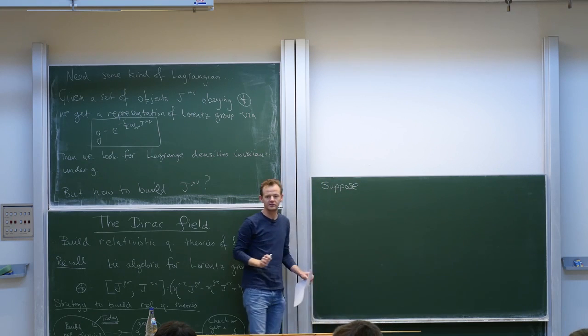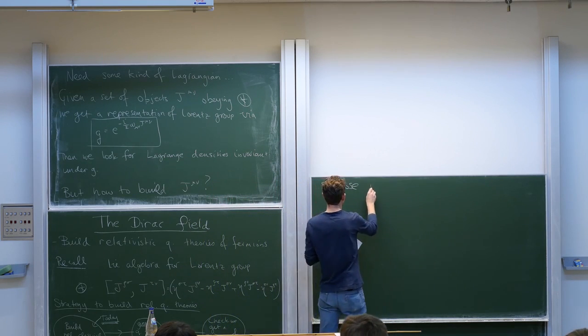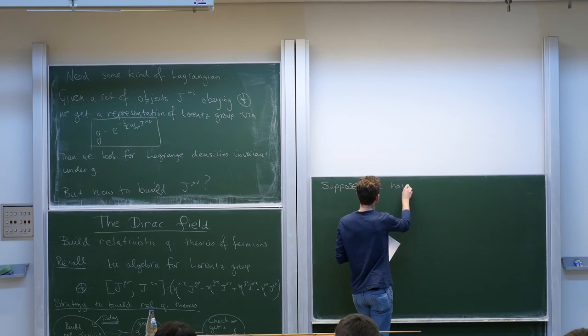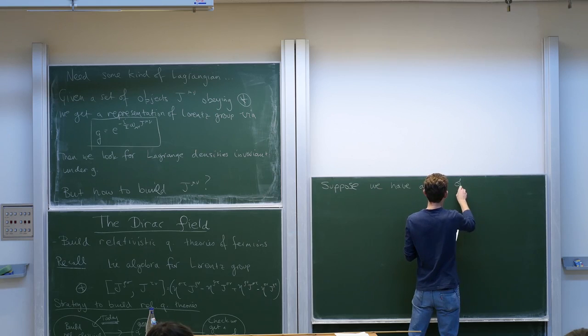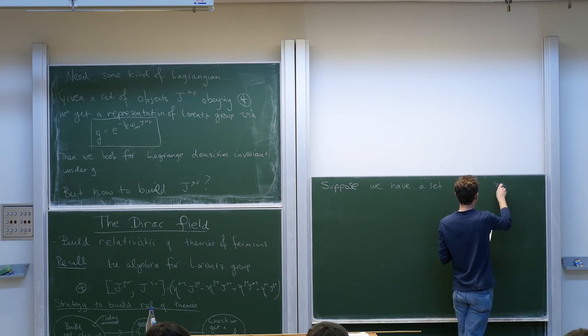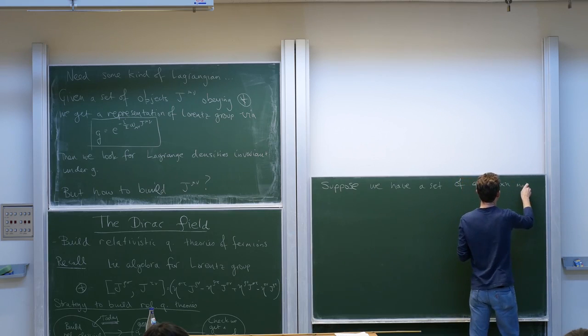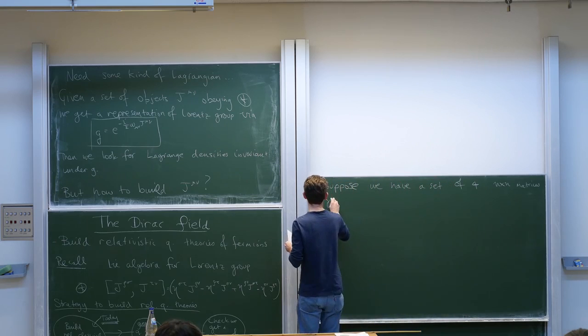Okay, here's how it works. Suppose we have a set of 4 n by n matrices, gamma superscript mu.